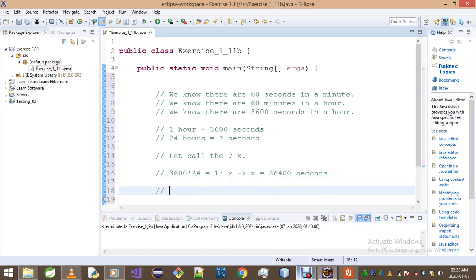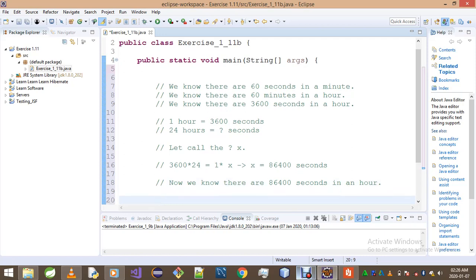Now we know there are 86,400 seconds in a day. Okay, now we need to find the number of seconds in a year.